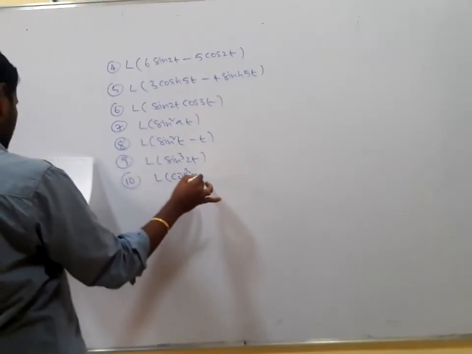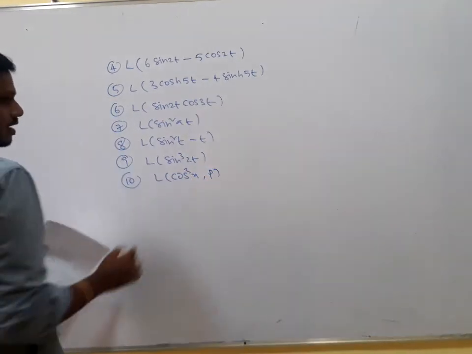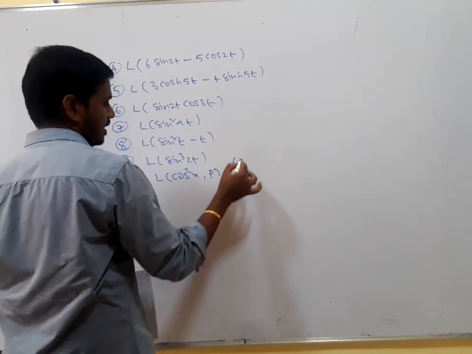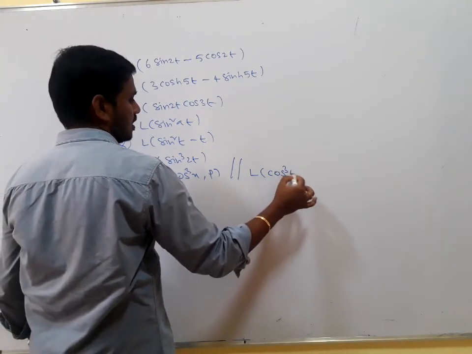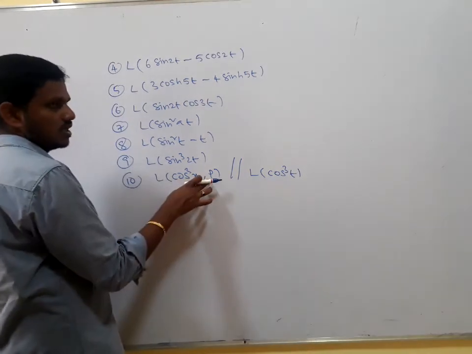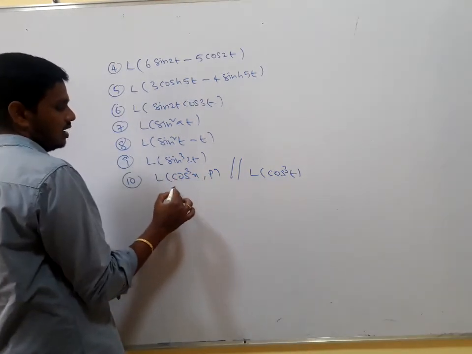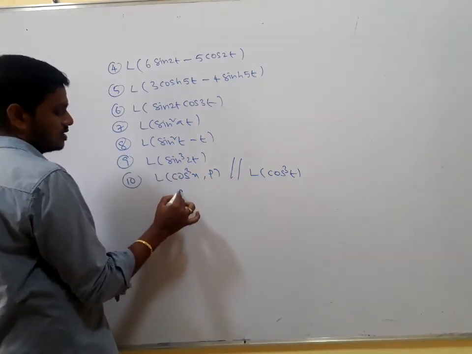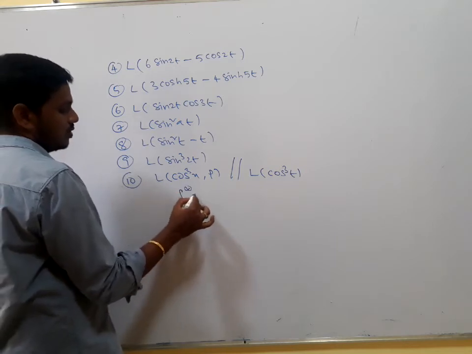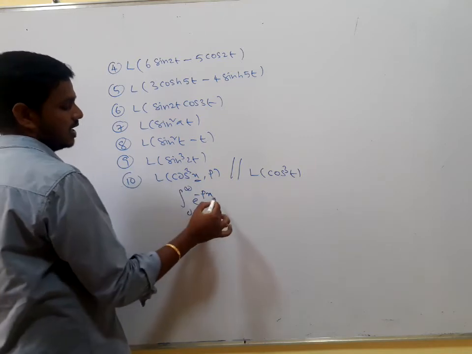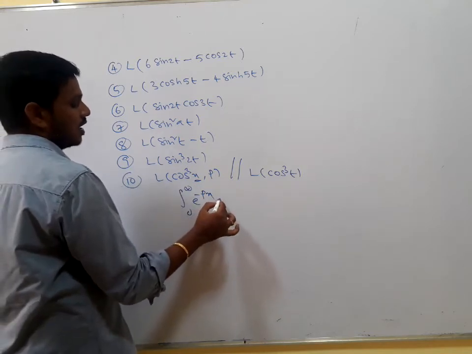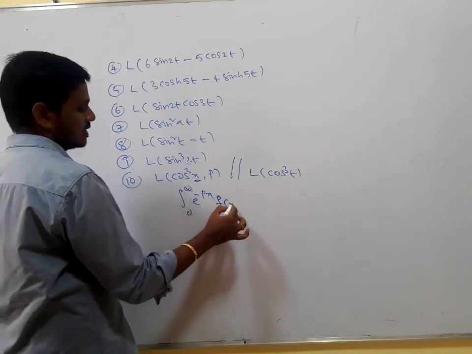Cos cube x. Don't get confused here. Cos cube x is nothing but the same as Laplace transform of cos cube t. Here the input is a function of t, the output is a function of s. In this case, we write the definition: integral 0 to infinity e to the power of minus px into f of x dx.